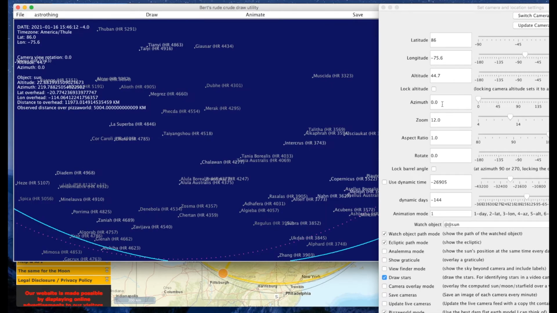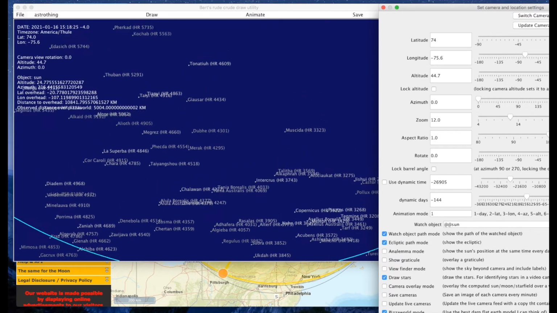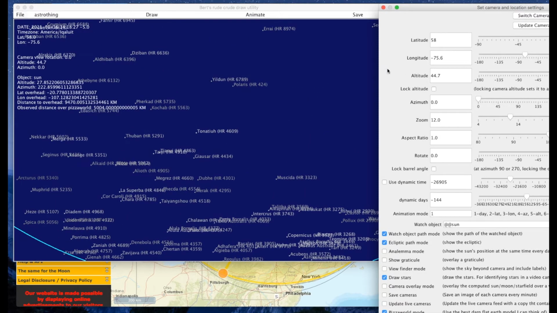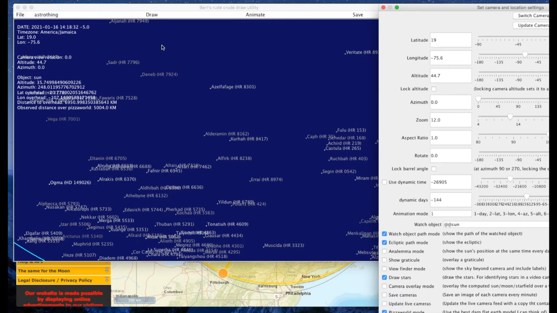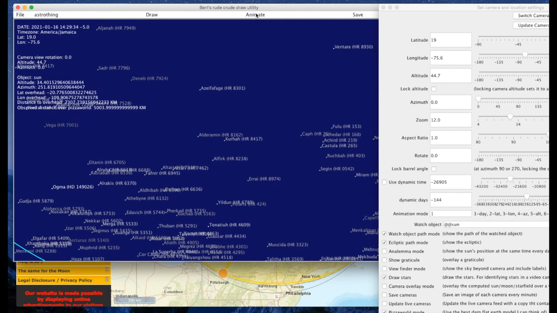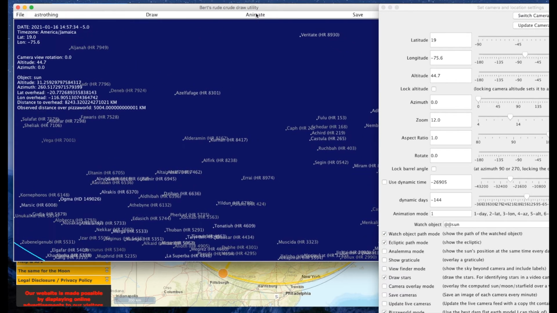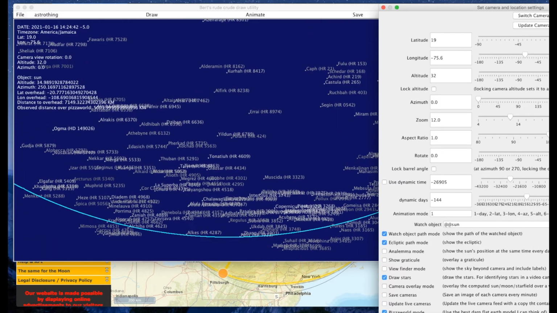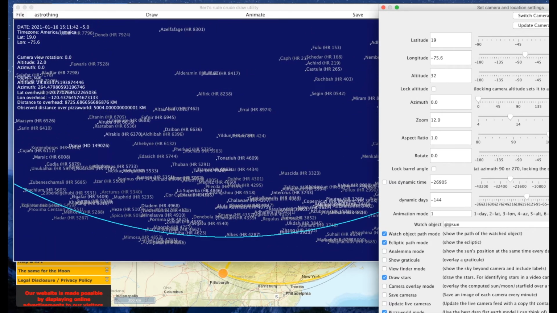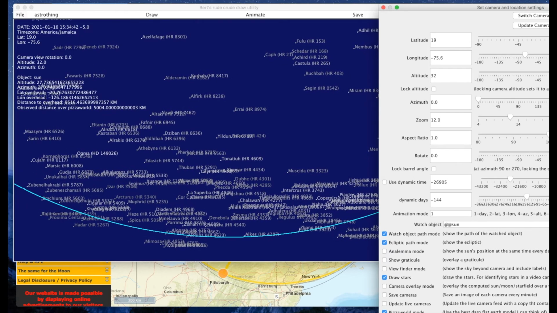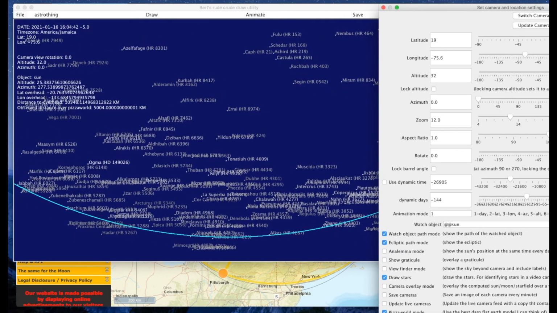If I turn around to face the North Pole, and now I start backing away from the North Pole, you can see there's Polaris. Everything seems to spin like this. And as soon as I saw that, I thought, I've seen that before.